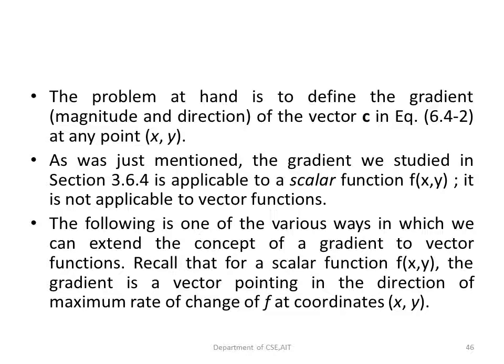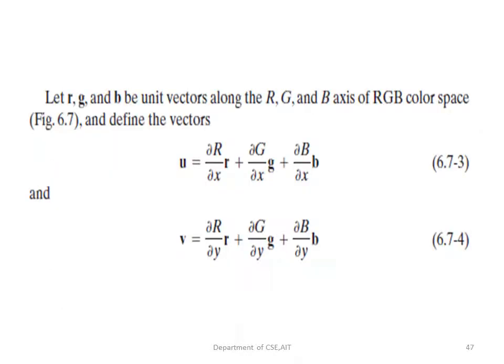So we are going to look at ways in which we can extend the concept of a gradient to vector functions. For a scalar function f of x, y, the gradient is a vector pointing in the direction of the maximum rate of change of f at the coordinates x, y. Let r, g, b be unit vectors along the r, g and b axes of the RGB color space.